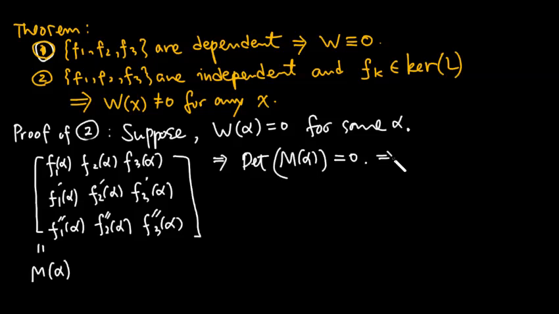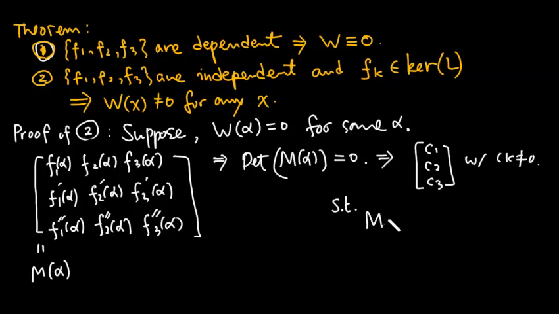So what we can conclude here is that if the determinant of this 3 by 3 matrix is 0, then there is a column vector C1, C2, C3 with some Ck non-zero, whatever that is, and there are these 3 values of c's, with at least one of them non-zero, such that this matrix M(alpha) times this column vector C1, C2, C3 is still 0.